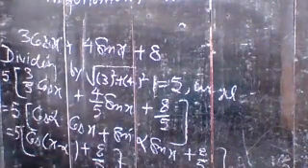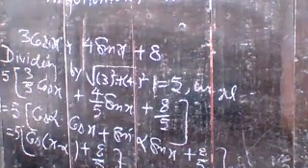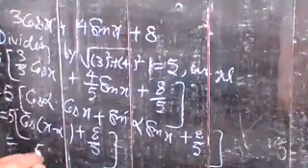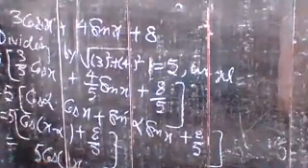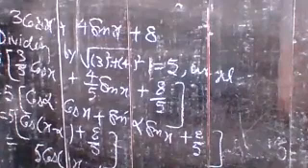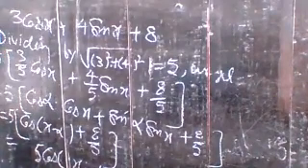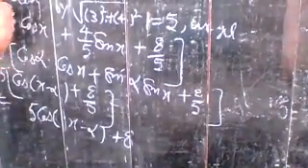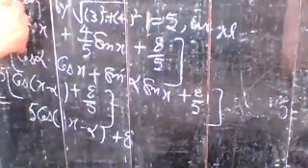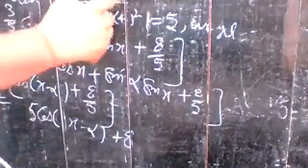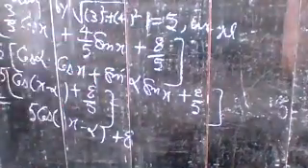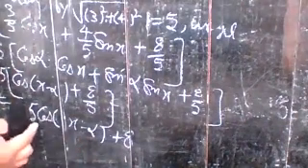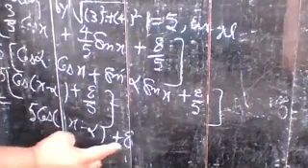Now you multiply each of the terms by 5. So you have 5 cos of x minus alpha plus 8. The question given in the form 3 cos x plus 4 sin x plus 8 is converted in terms of single cos, meaning 5 times cos of x minus alpha plus 8.